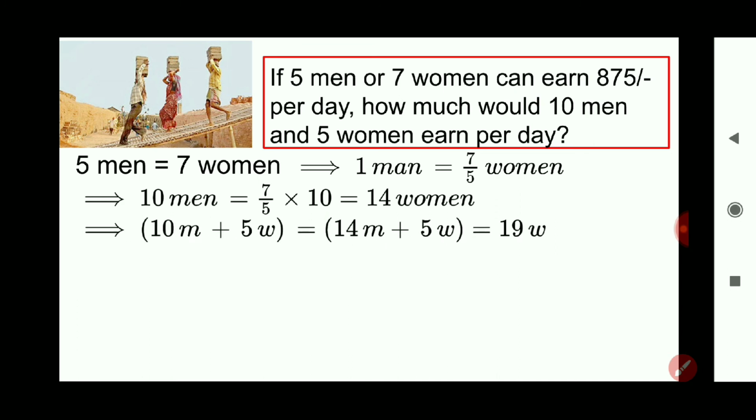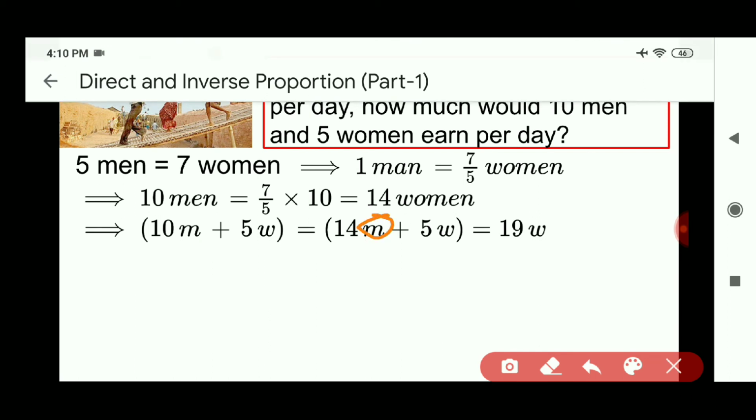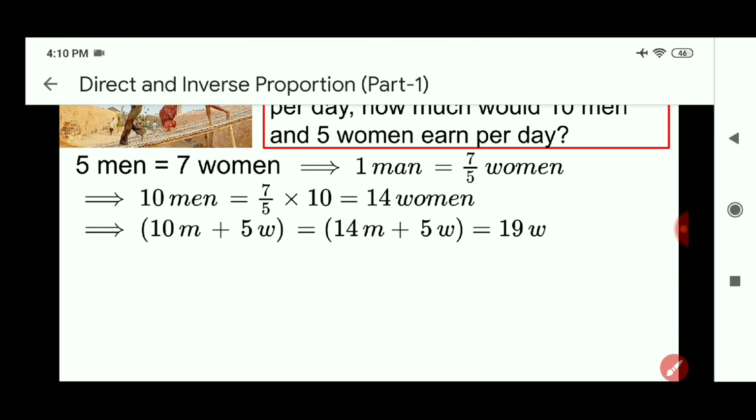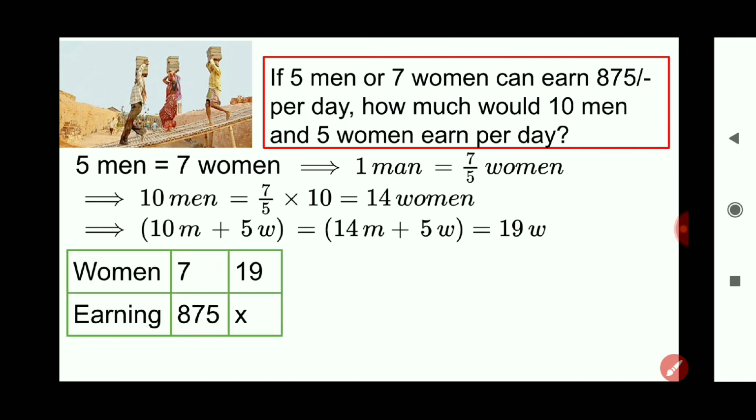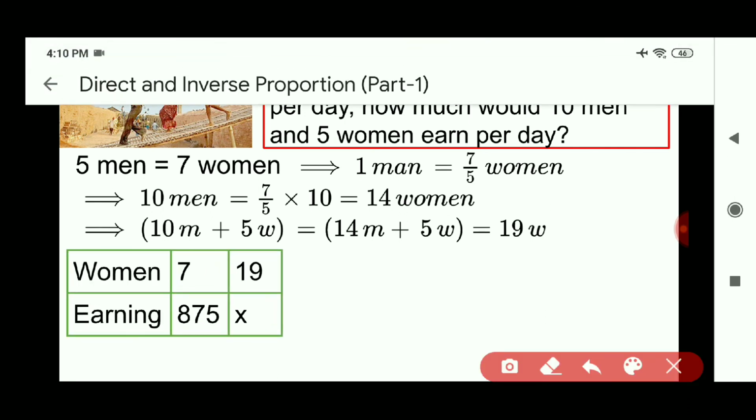From the question, 10 men plus 5 women is equal to 14 women plus 5 women, hence that is 19 women.